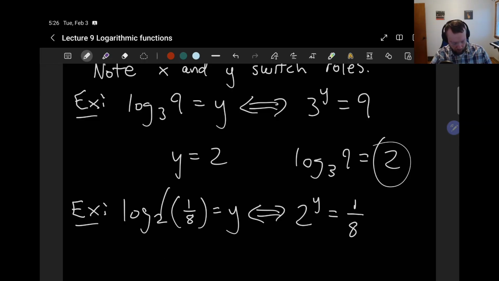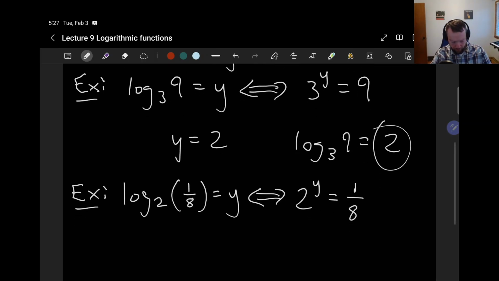Notice I put parentheses this time around the 1/8. Just a quick note, I could have done the same thing up here with the 9. It's just we don't always do that. I think with fractions it looks better to have the parentheses, but it means the same thing.